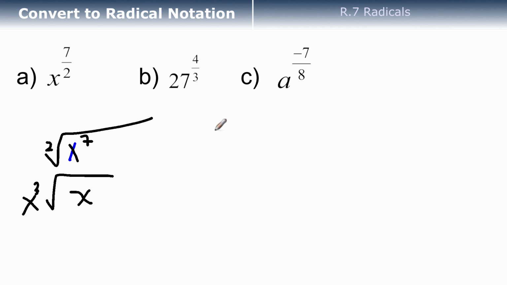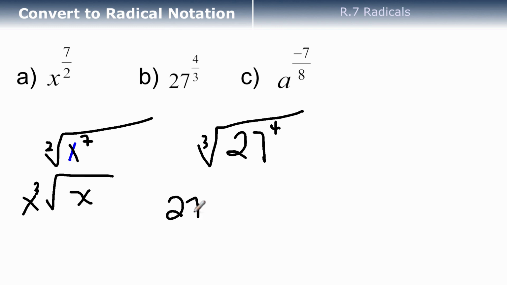Same thing with the 27 to the 4/3. It would be the cube root of 27 to the 4th. Now it looks like there's 3 27s in there. Well, there's 4 actually. If there's 3 of them, I can bring 1 outside.